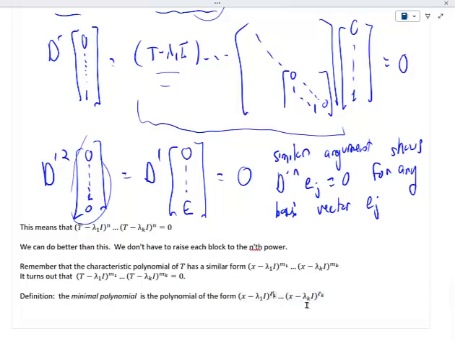So let me call this P of x, such that P of T is equal to 0. So instead of putting a number in there, I plug the matrix T in there.